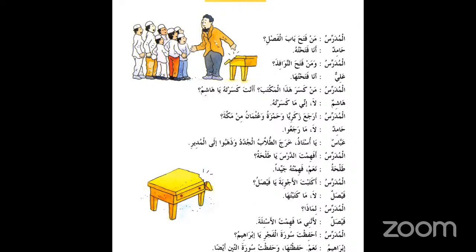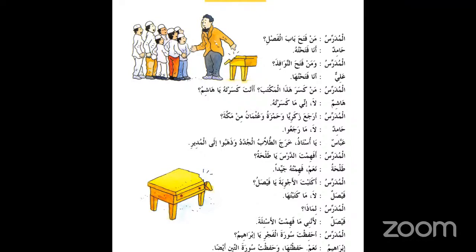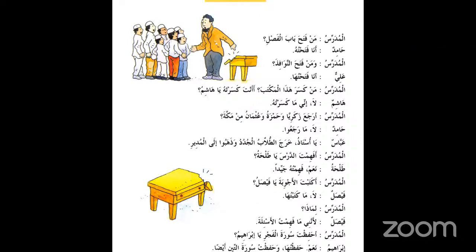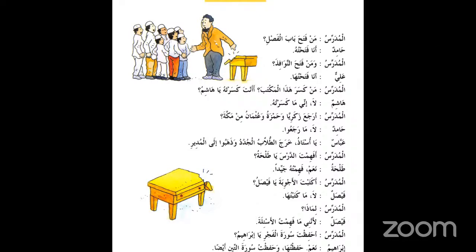Man fataha babal-fasli? Who opened the door of the classroom? So fataha is a verb, and the phrase is a question. The teacher is asking the student who opened. And what's the object? Object is bab.